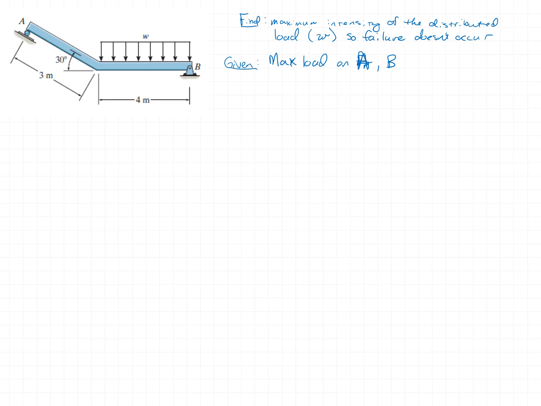But in a situation like this, where they give you a max load on both of these, you have to actually calculate them out with respect to the distributed load because either one of them could be the failure. You can't just simply put that number in, because you don't know necessarily the way it might be distributed. If it's more heavily weighted on A, or more heavily weighted on B, you can't just simply put that max load in either of those. So first thing we're going to do is draw our free body diagram.